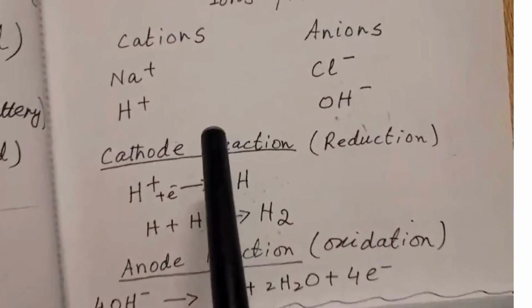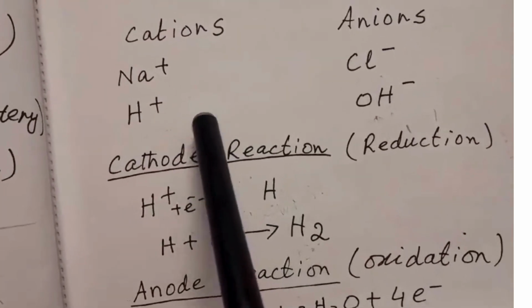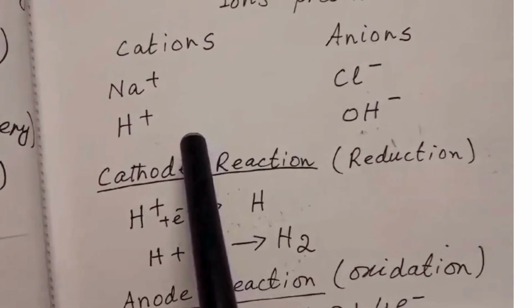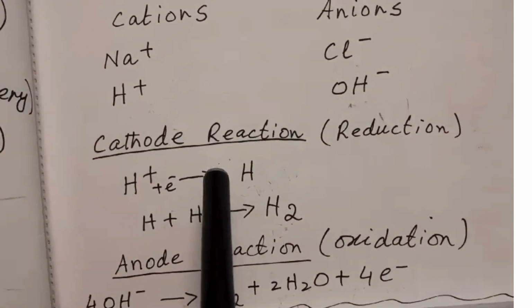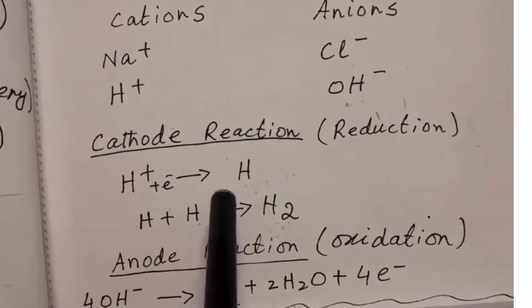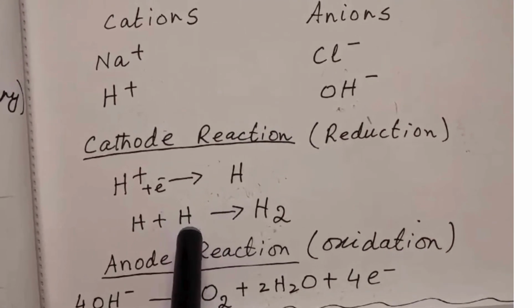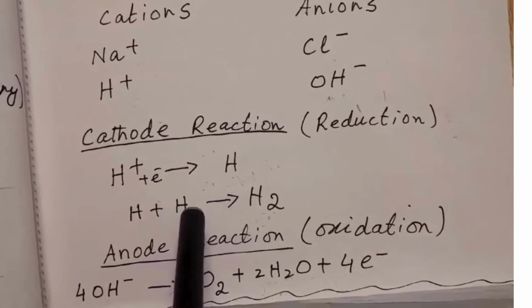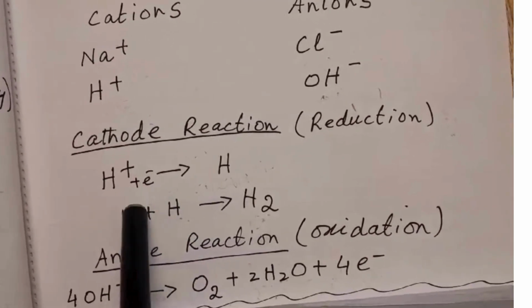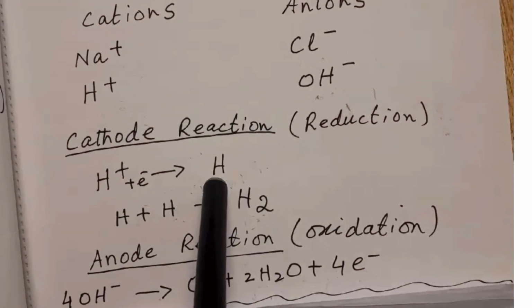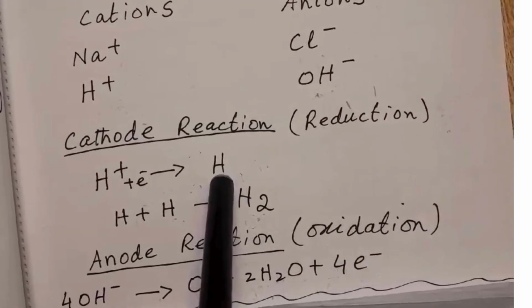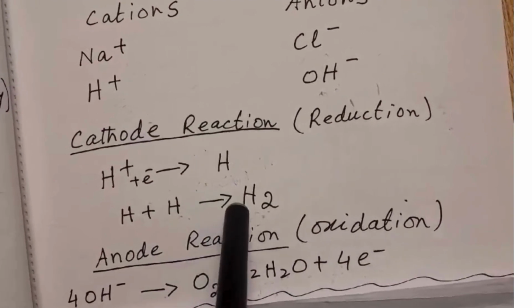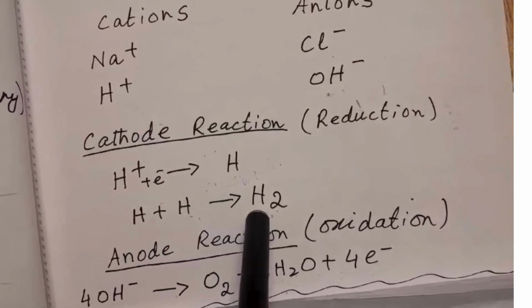Now we have two types of cations, and we see which cation is going to get discharged at the cathode. Hydrogen ion is going to get discharged at the cathode. It will get reduced and form the hydrogen atom, and two hydrogen atoms make hydrogen gas at the cathode.